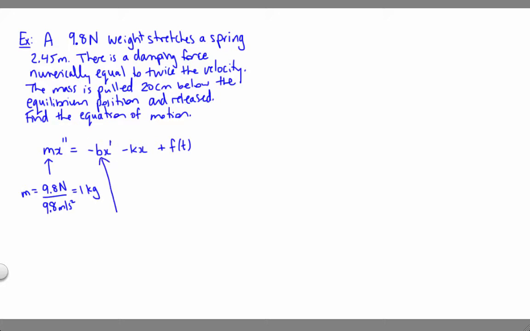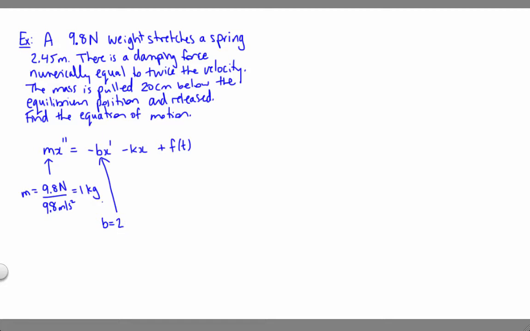Okay, now let's think about our damping term here, or you could call that the air resistance or fluid resistance term. So let's think about this b. We're told in the question there's a damping force numerically equal to twice the velocity. So what that's telling us is that numerically b is equal to 2. So it's giving us, you could say, the absolute value of the constant.